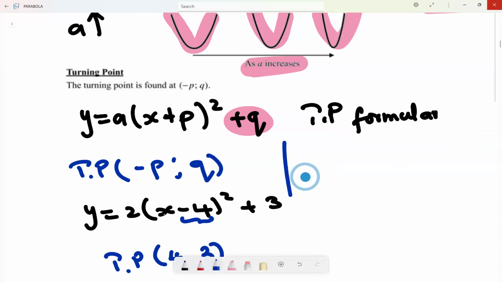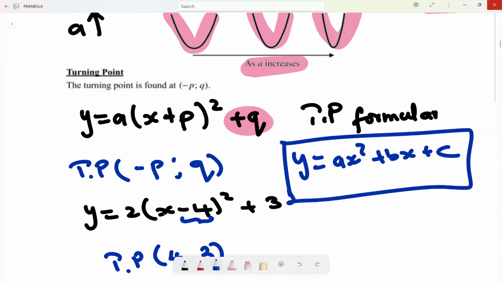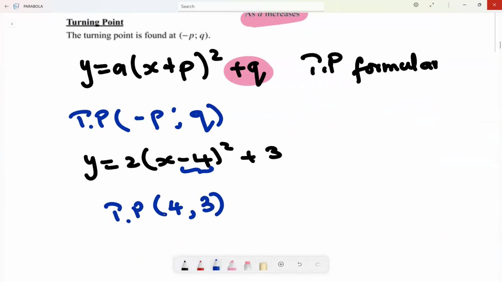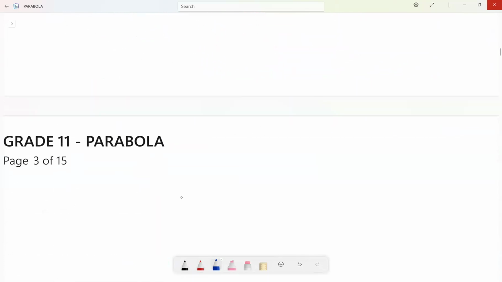If you are given this standard form, there is a formula for finding a turning point, which is x is equal to negative b divided by 2a. But now let's look at this one where we are given the turning point formula. So if you want a turning point, it's going to be the negative of this coordinate, then comma, that one. Okay, yes. Now let's look at that.